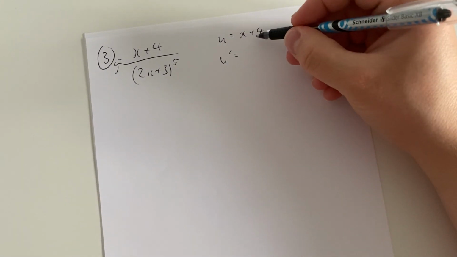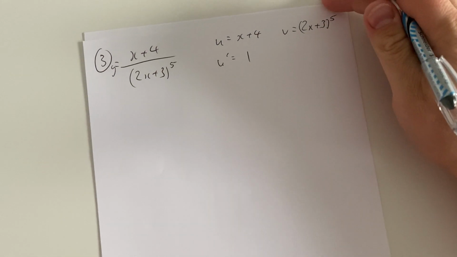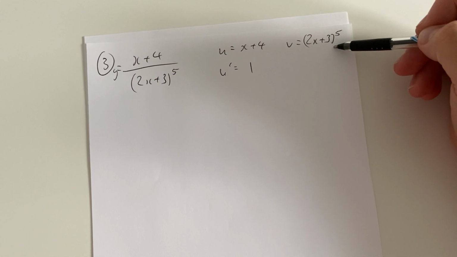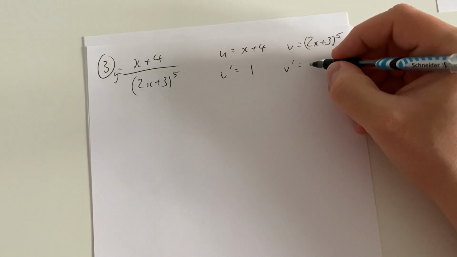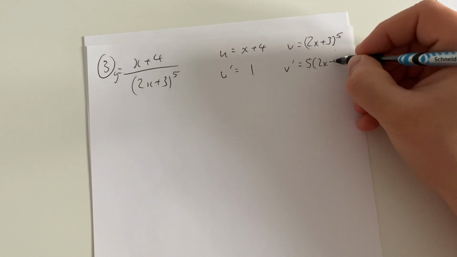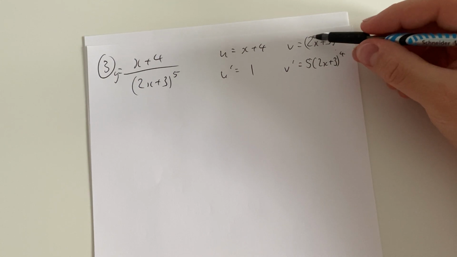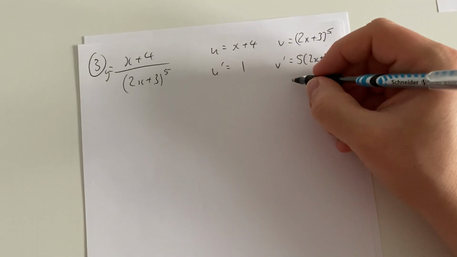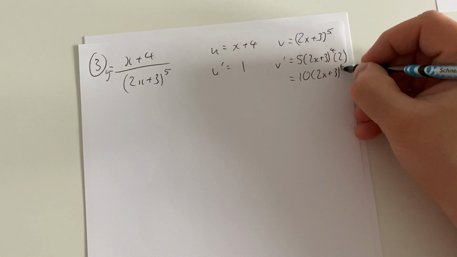So you should hopefully see u differentiates nice and easily to 1. But v is a bit more complicated. This is a throwback to the chain rule from the day before yesterday. So multiply by the power and lower the power by 1, then multiply by the differential of this function, which is 2. So that is 10 lots of 2x add 3 to the 4.